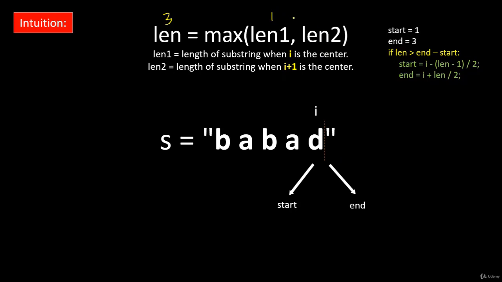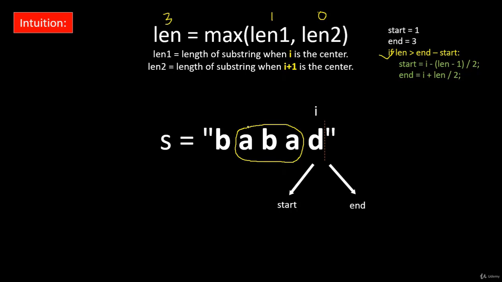So here it is 1 at i, and at i plus 1 it is 0. So max of 0 and 1 is 1, and that does not satisfy this condition. So start and end will not be changed here, and our longest palindromic substring is this one from 1 to 3. And that will be returned from our function.